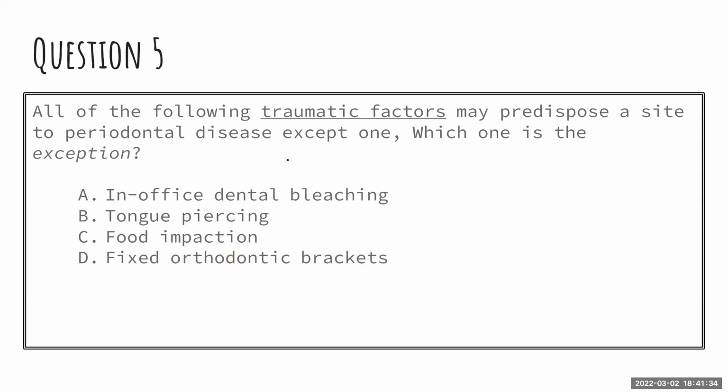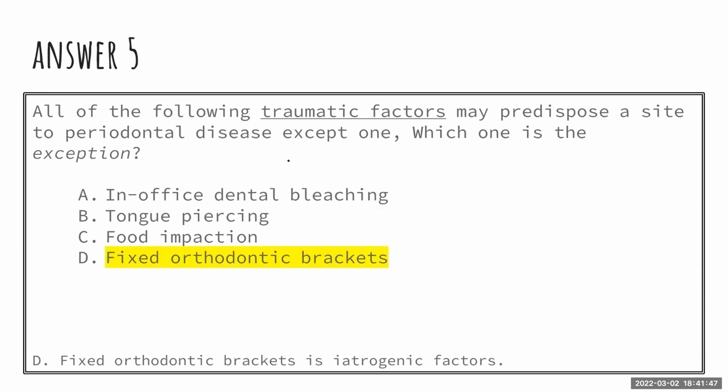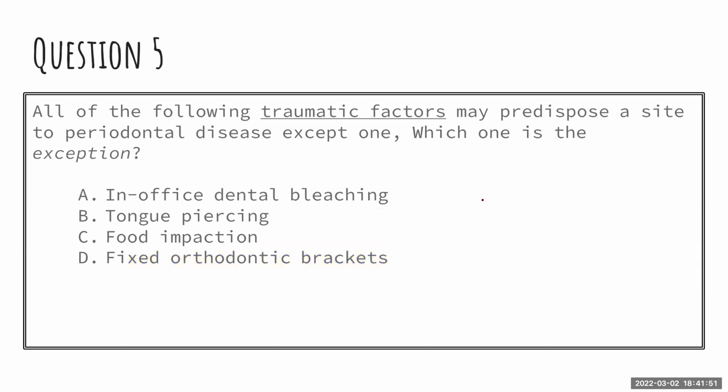All of the following traumatic factors may predispose a site to periodontal disease except one, which is the exception. A. Traumatic factors. Okay, so in office bleaching, we haven't gotten into that, but that can burn the gum tissue.